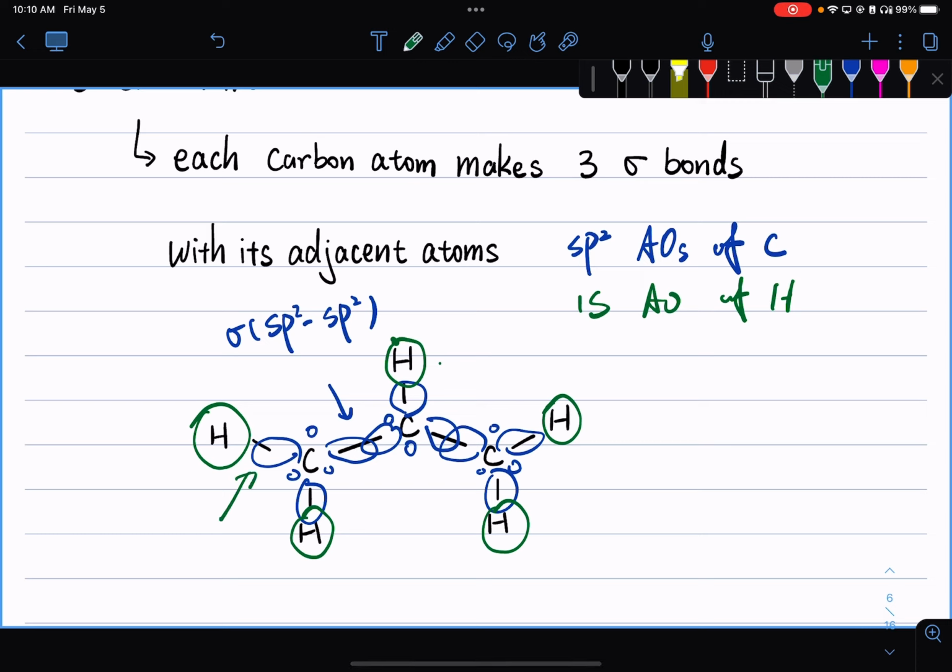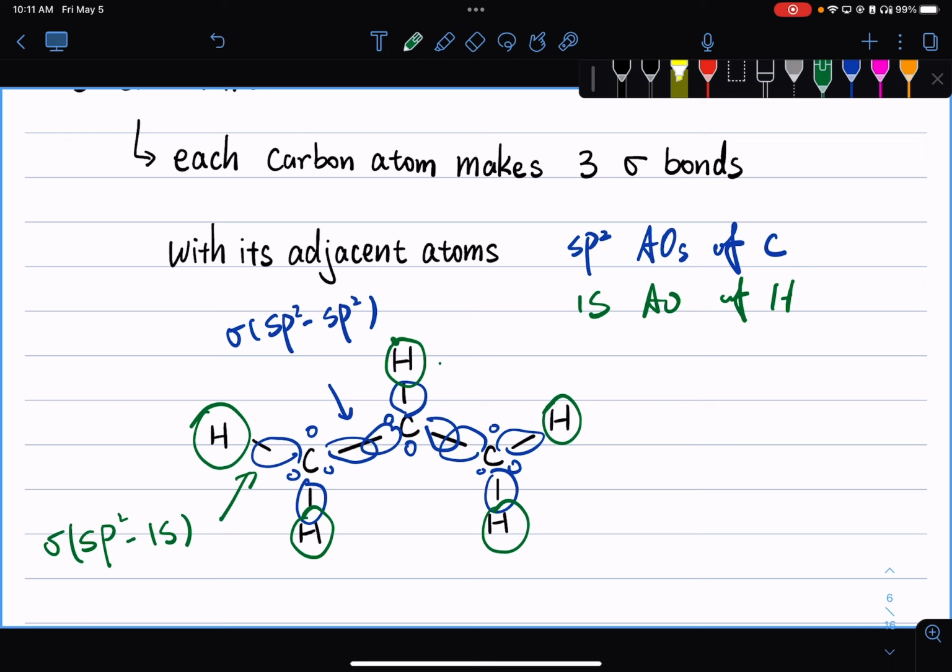And between carbon and hydrogen, we have a sigma bond coming from sp2 of carbon and 1s of hydrogen. So this is a quick review. We did that before; we're just doing it again, sketching the molecular skeleton of these sigma bonds. All right, so that's the sigma bonds.